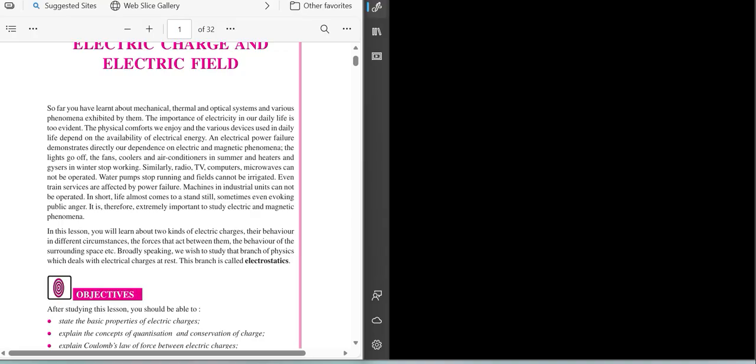Okay, and what we see is if we start with the concept of electrostatics. So, static means something which is stationary. So, electrostatics, as it is shown on the left side text, is the branch of physics that deals with electrical charges which are at rest.